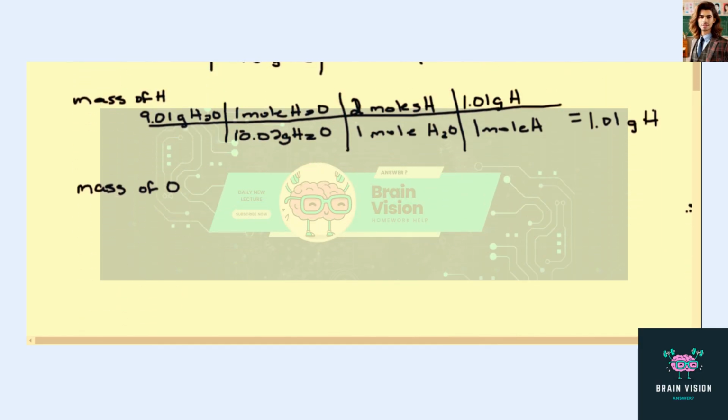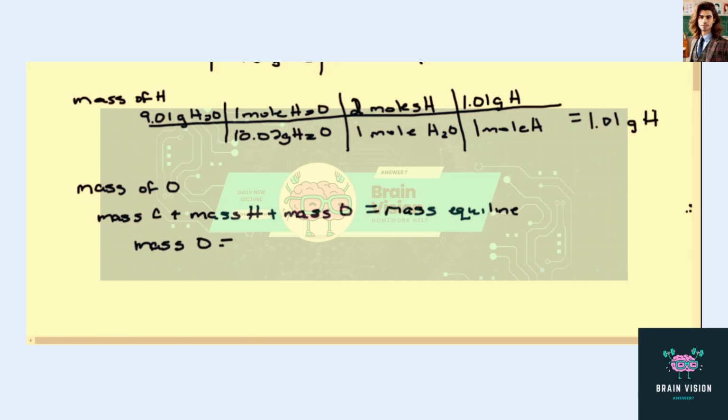So that might be the easiest way to do this. So the mass of carbon plus the mass of hydrogen plus the mass of oxygen should equal the mass of equilin.